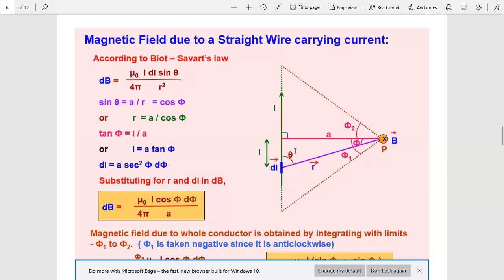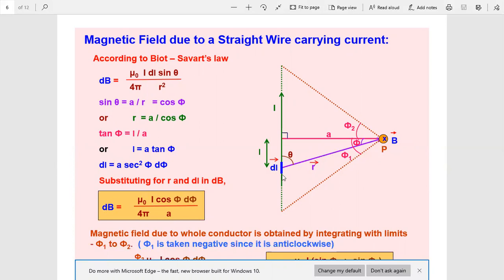So first of all, we have to apply Biot-Savart law. Before applying it, we have to take a small portion of this infinitely long conductor, say dl, and determine the magnetic field at point P due to this elementary length of the conductor.